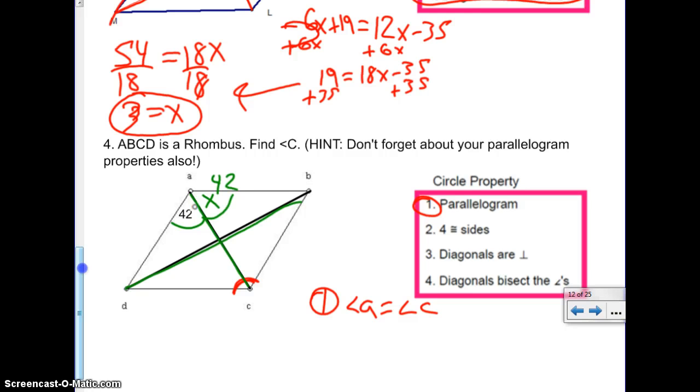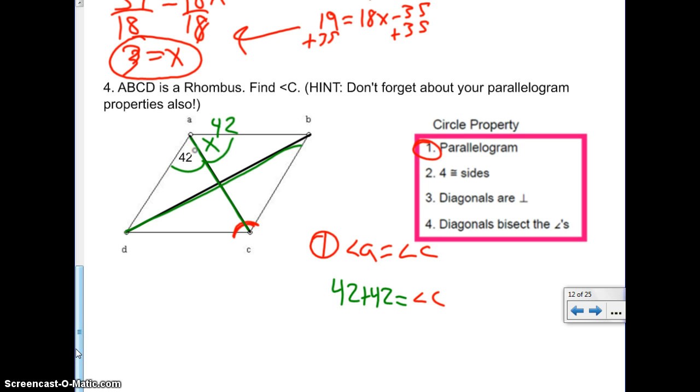So how do you find the whole length of angle A? Well, angle A is equal to 42 plus 42. That's going to equal angle C. And when it's all said and done, angle C is going to equal 84 degrees.